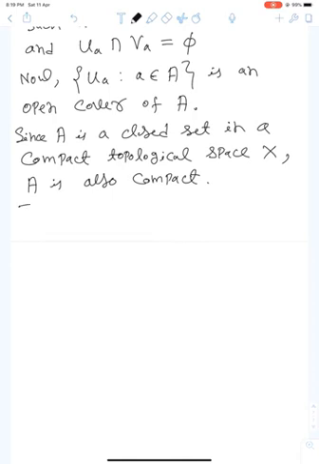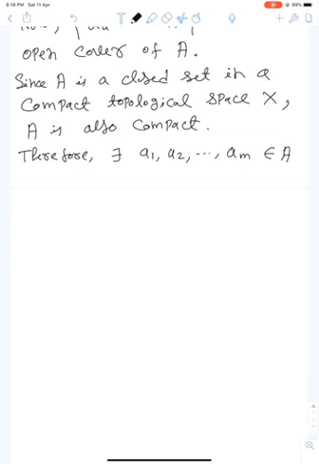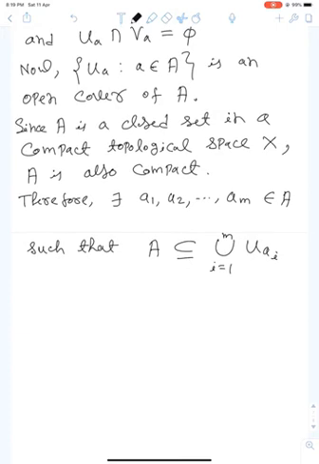Now therefore, again, we just repeat the previous argument. There exist a1, a2, say am belonging to A, that is a finite collection, such that A is covered by the union over i equal to 1 to m of U_ai, right?